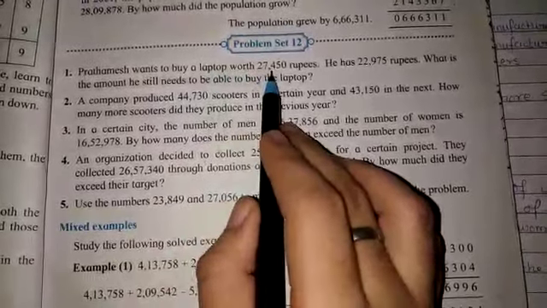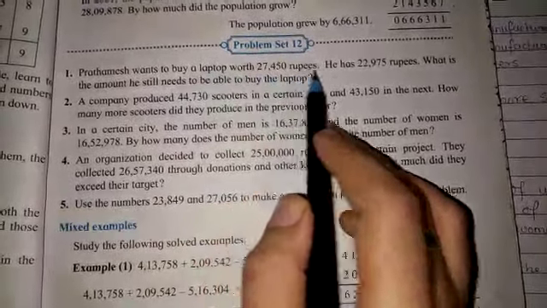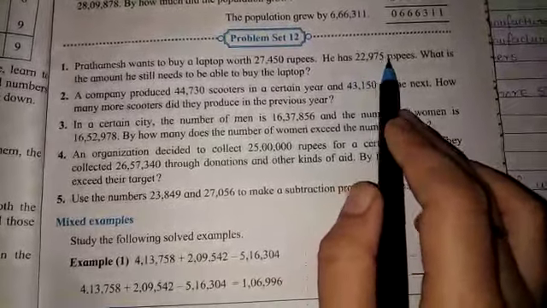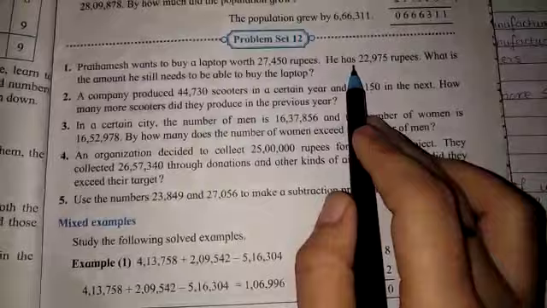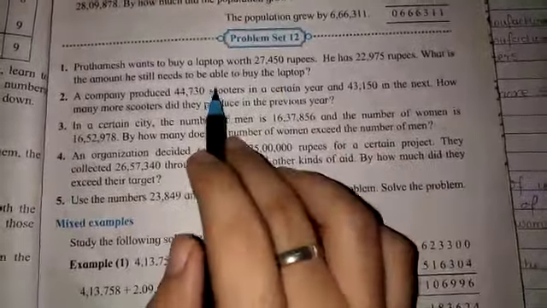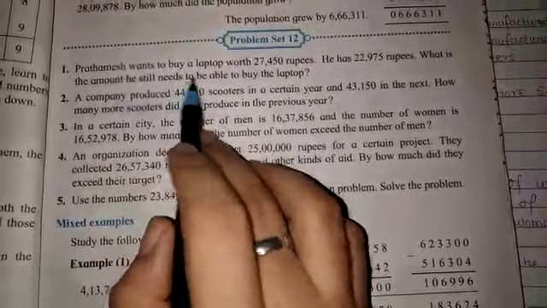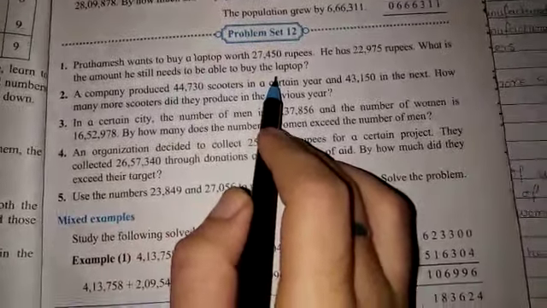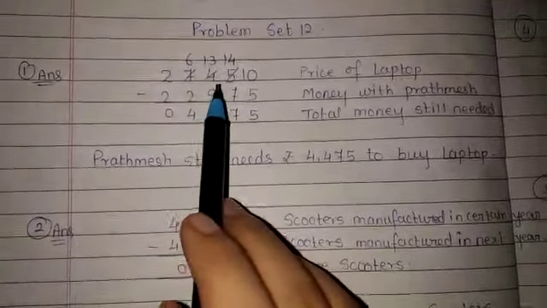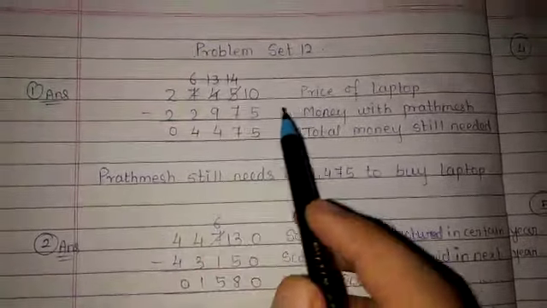The laptop price is 27,450 and Prathamesh has only 22,975, so we want to find the difference. Let's see the solution of question number 1.